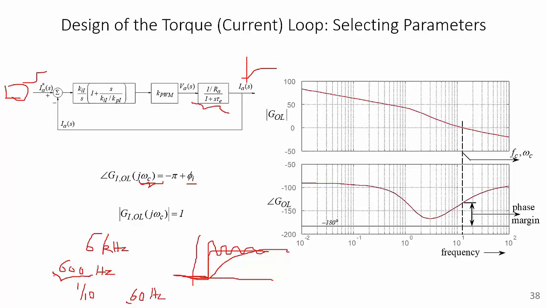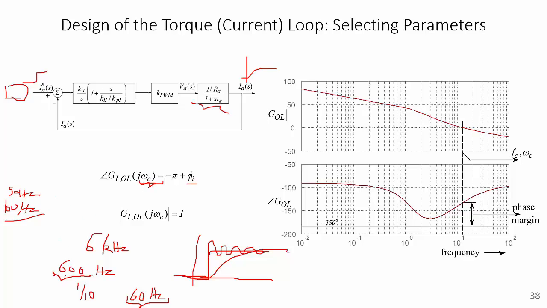If this satisfies your design requirement for your speed loop bandwidth, then this would be absolutely fine. So you would usually start off with a design requirement. Say you want your motor speed to be responsive up to, say, 50 hertz or 100 hertz, whatever it be. This would set your lower limit for the bandwidth for your speed controller, and in turn the lower limit for your crossover frequency as well.